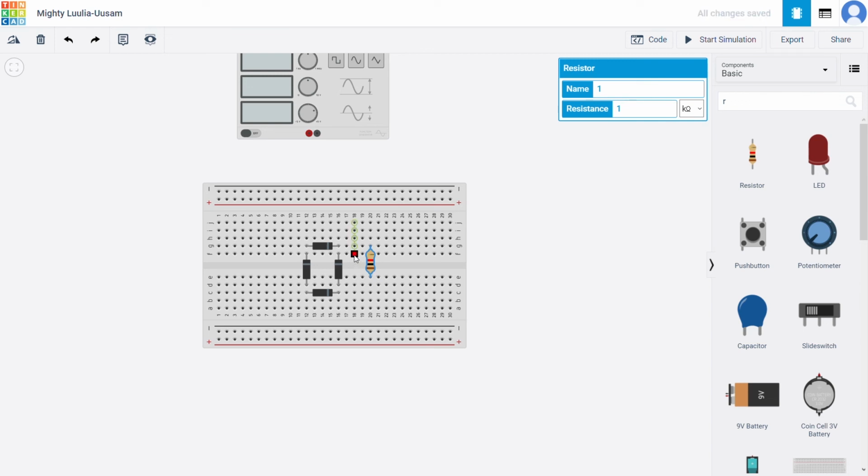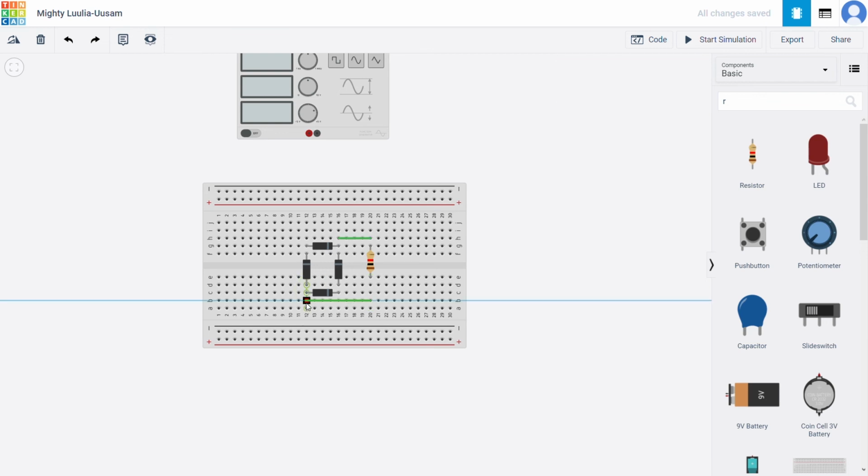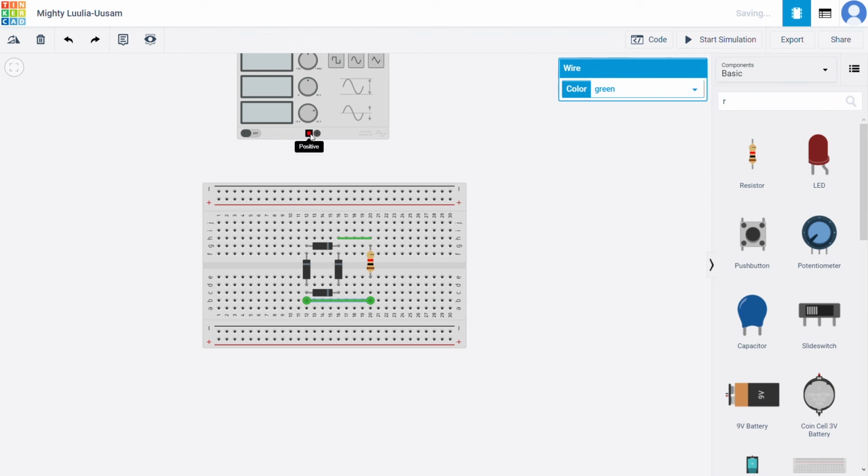This is the resistor. I'm going to connect it between the first and second, and then between the third and the fourth. Now I'm going to supply the voltage to the whole circuit.